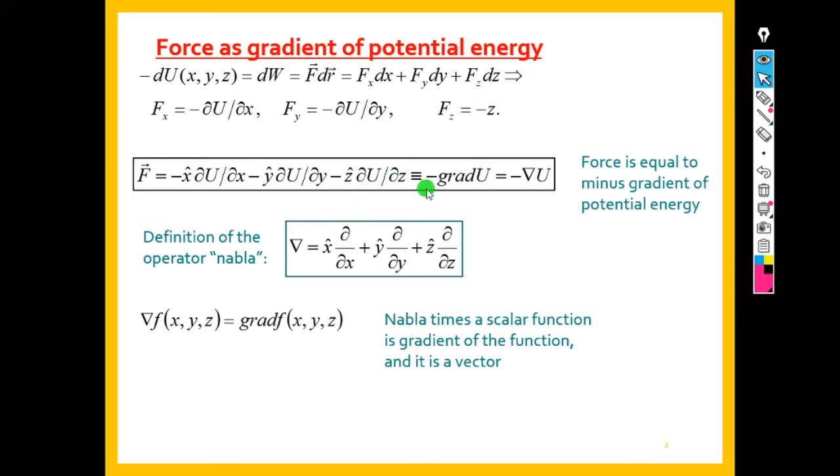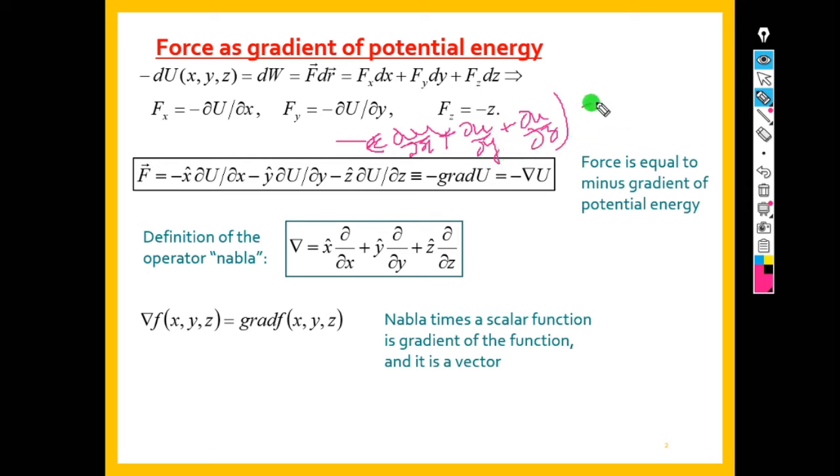That means if we take minus common in this equation, we will get minus of (i dou U by dou x plus j dou U by dou y plus k dou U by dou z).